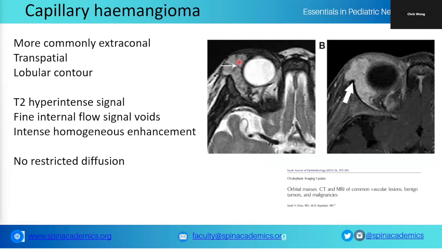And one important point now is the fine internal flow voids here. So the dark region here, linear and dot-like structure here are actually the internal flow voids, which indicate fast-flowing vasculature within the lesion. And being a vascular tumor, it shows intense homogeneous enhancement. And the lesion doesn't show any restricted diffusion.